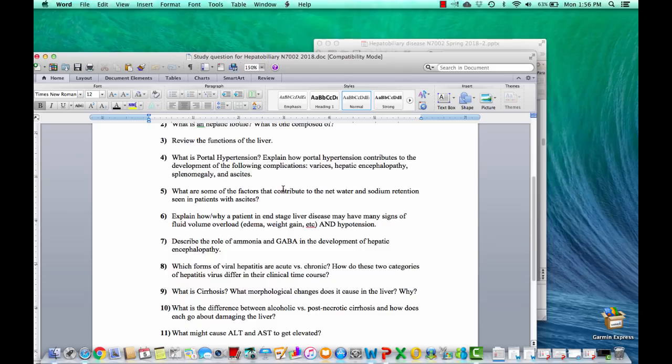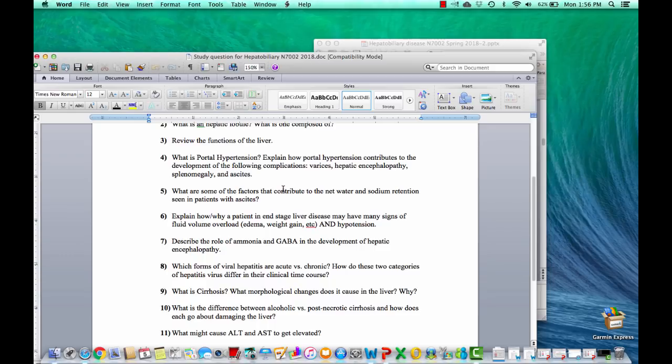But patients with what type of virus all end up with chronic illness? C, right? And C is a very virulent virus and leads to cirrhosis almost guaranteed.